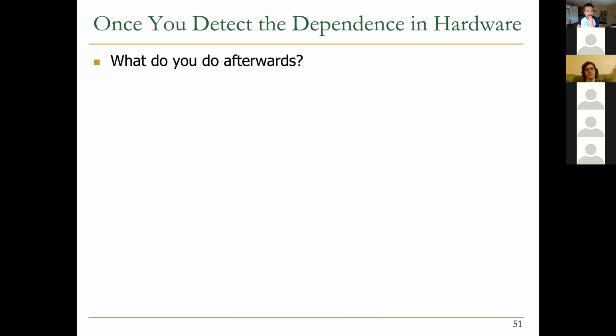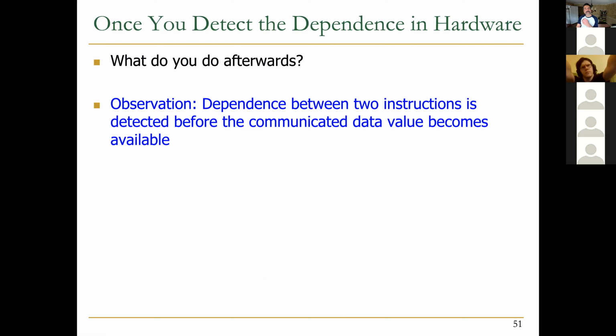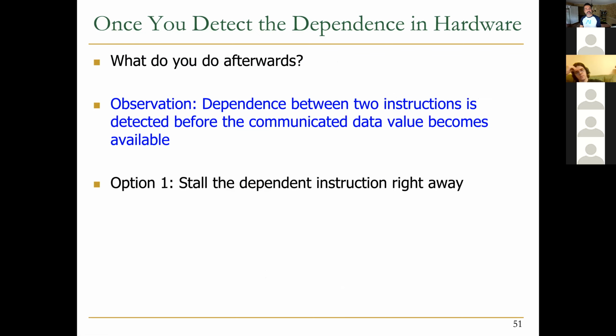Once you detect that, the question is what do you do afterward? An observation is that the dependency between two instructions is detected before the communicated data value becomes available. This is the problem basically in a formal way. Option one is to stall the dependent instruction.